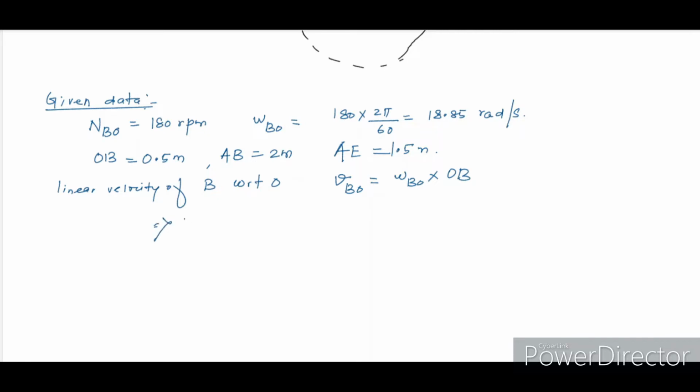So which implies your VBO is equal to 18.85 multiplied by the length, so it will be 9.426. You please recheck, I may be wrong. So it is 9.426 meter per second.